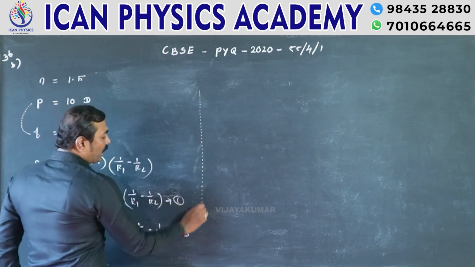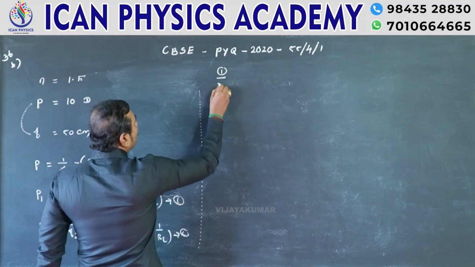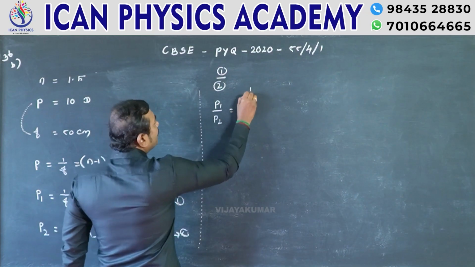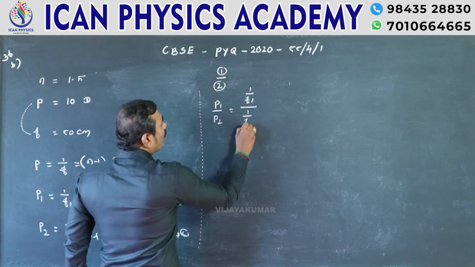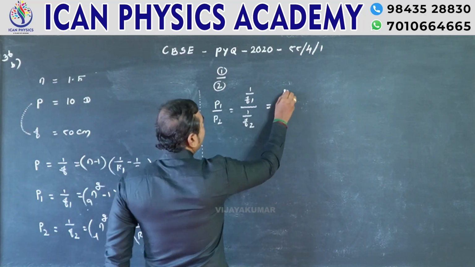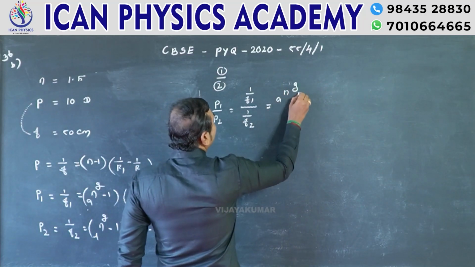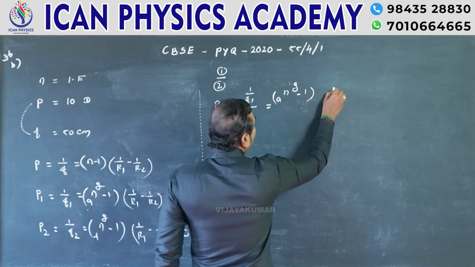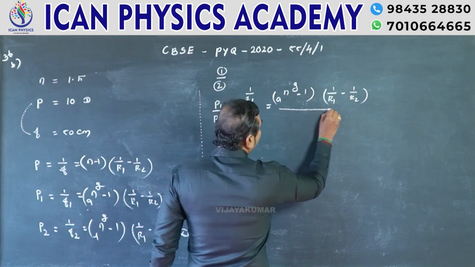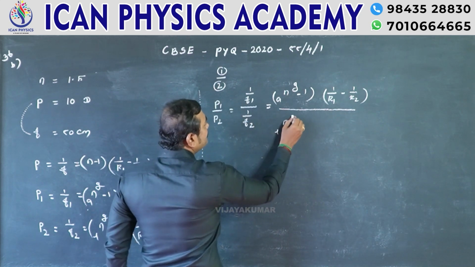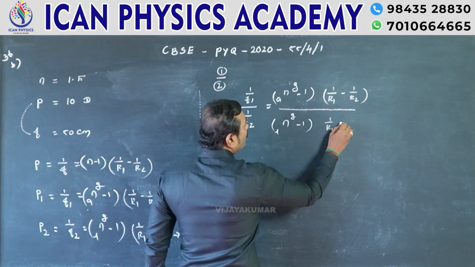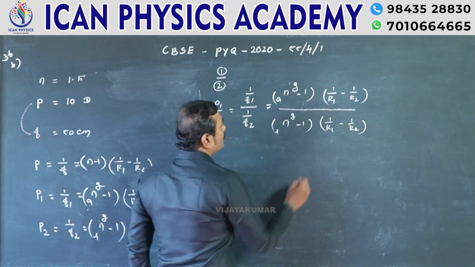Now equation number 1 divided by 2. So P1 by P2 equal to 1 by f1 over 1 by f2 equal to (refractive index of glass with respect to air minus 1) into (1 by R1 minus 1 by R2) divided by (refractive index of glass with respect to liquid minus 1) into (1 by R1 minus 1 by R2).